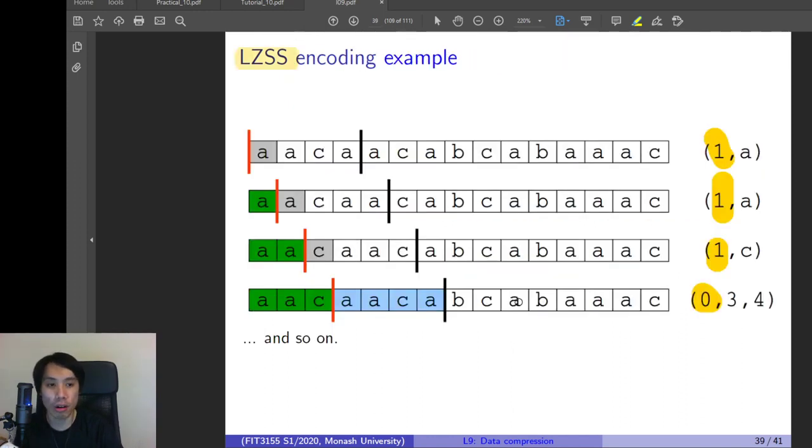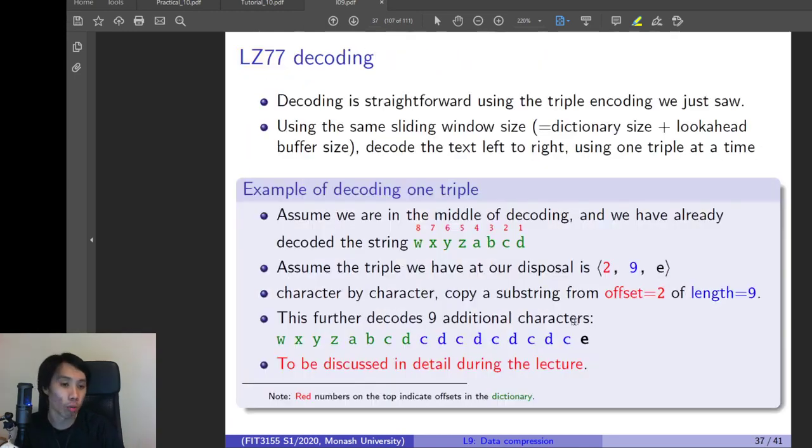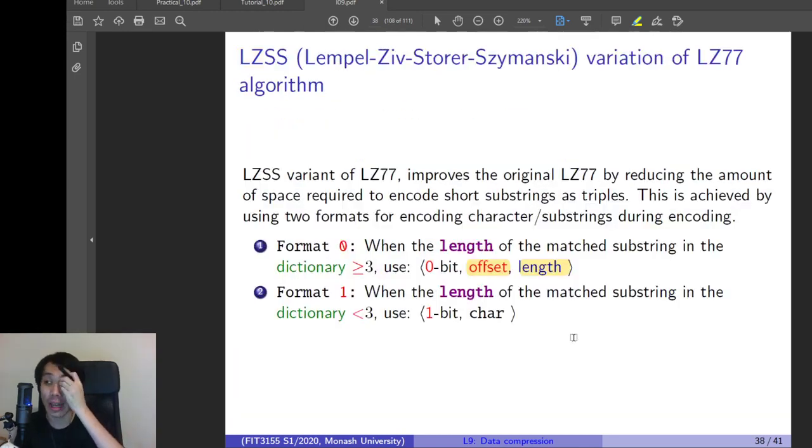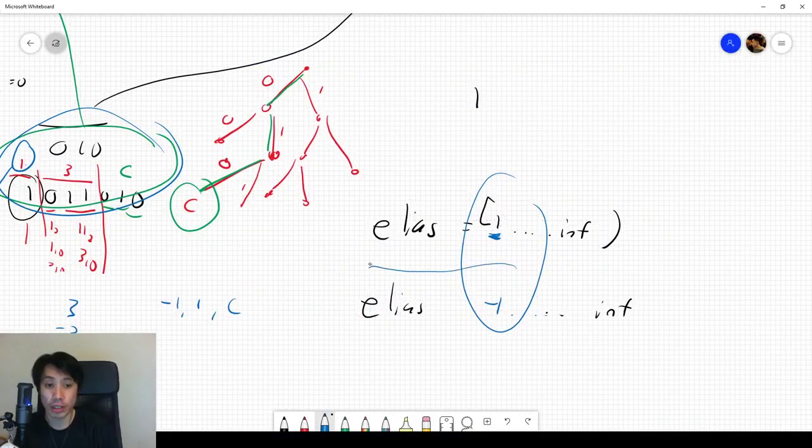And you realize your offset and your length will be at least 1. So because your offset and your length will be at least 1, you do not need to perform shifting in your assignment, but in your exam, you may need to perform shifting. So it's something for you to be aware of.